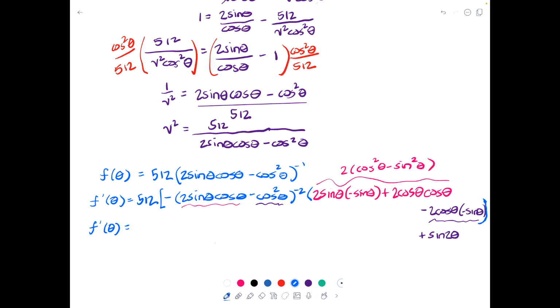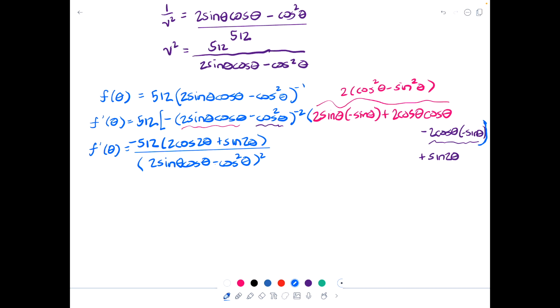So writing this in here, we'll have 512 times 2 cosine 2 theta plus sine 2 theta all over, and we'll have a negative sign here, and then the quantity 2 sine theta cosine theta minus cosine squared theta, squared.